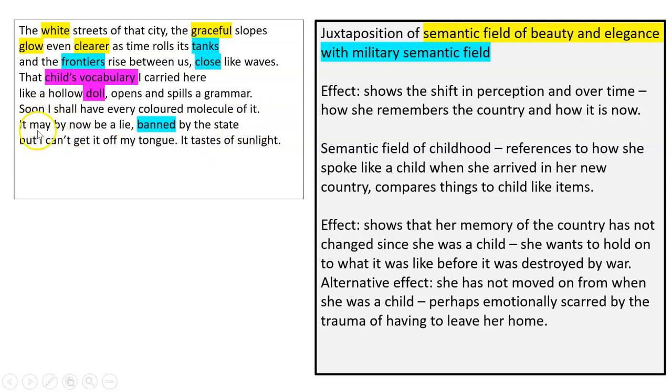So she's again saying her country may be like this, there may be some kind of oppression, some suggestion of terrorism, forcing a certain political view on the country, but she is again refusing to accept that and wants to hold on to her previous memories.